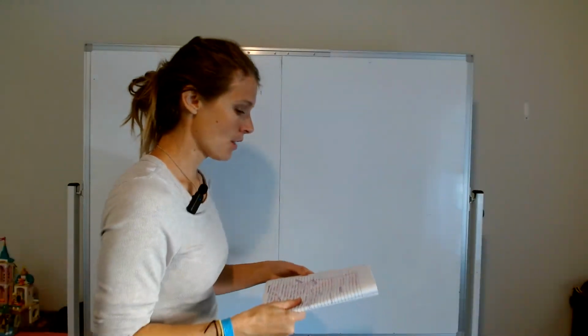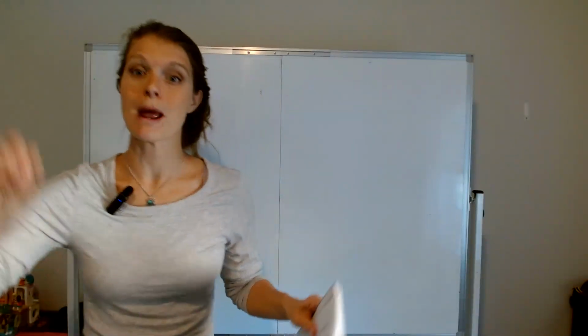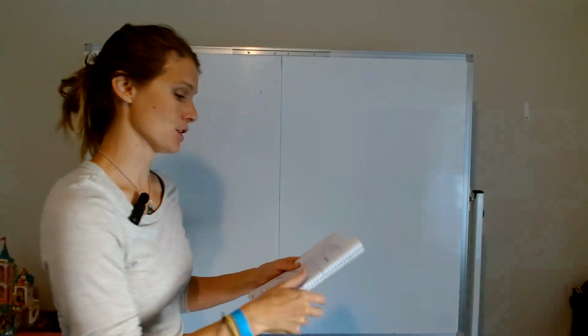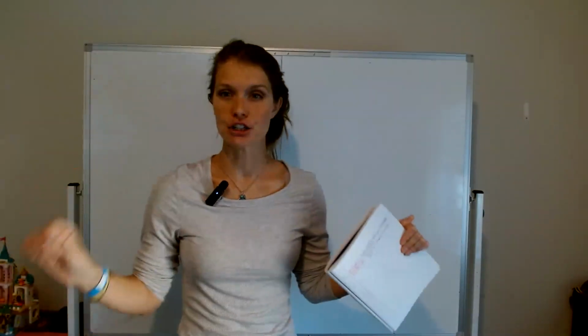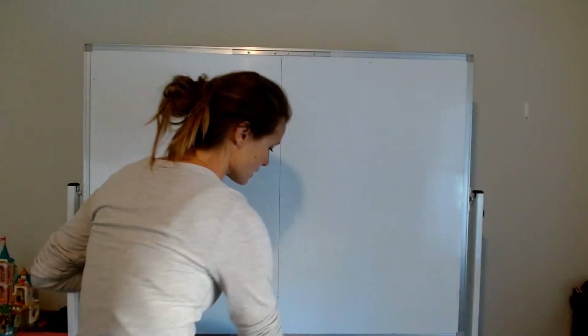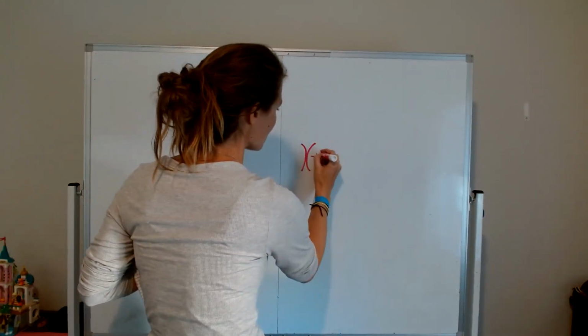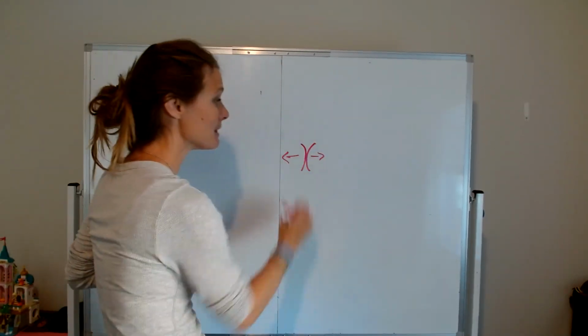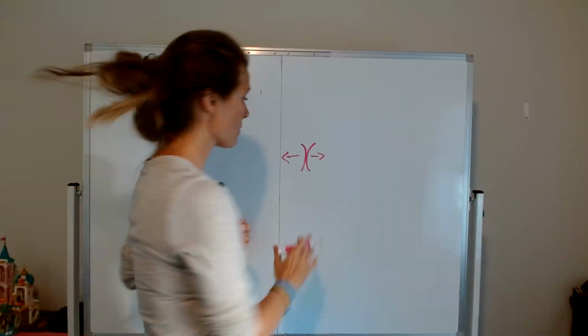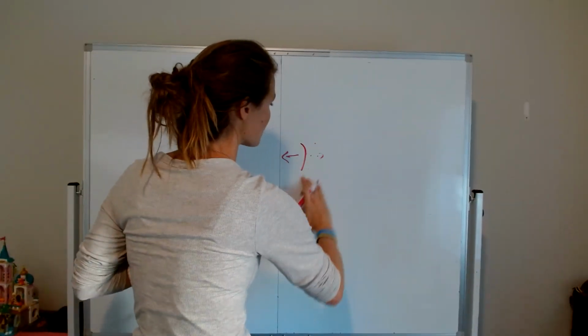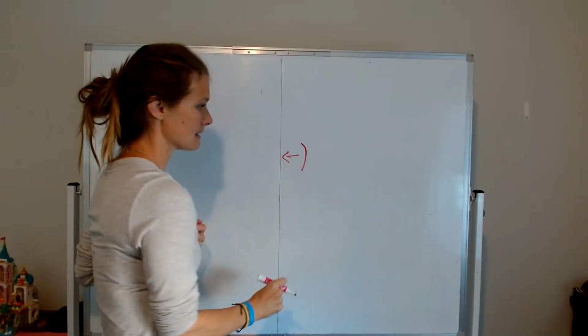Okay? All right, so mutations in chromosome numbers. That happens through non-disjunction. So when those are splitting apart, maybe they don't get split apart. Or maybe they get split apart and they don't get another one.